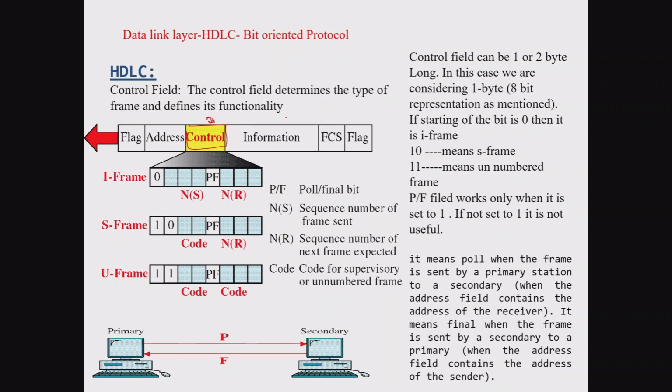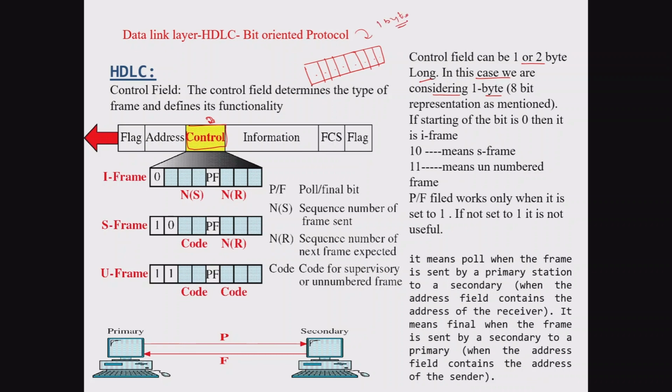In our case we can use either 1 or 2 bytes. Here we are considering only 1 byte, as represented here. How many bits is 1 byte? An 8-bit representation: 1 2 3 4 5 6 7 8. It means we are considering the 1 byte representation.